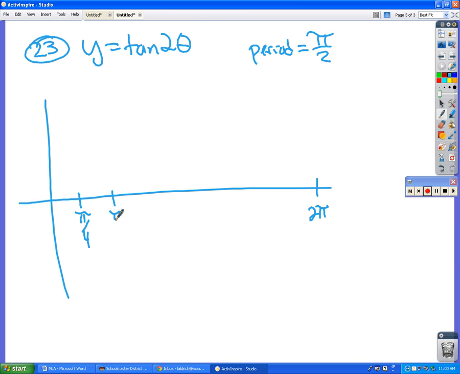So pi over 4, pi over 2, 3 pi over 4, then pi, then 5 pi over 4, then 3 pi over 2, then 7 pi over 4. So this is 1 pi over 4, 2 pi over 4, 3 pi over 4, 4 pi over 4, 5 pi over 4, 6 pi over 4, 7 pi over 4, 8 pi over 4. Just some of them get reduced.